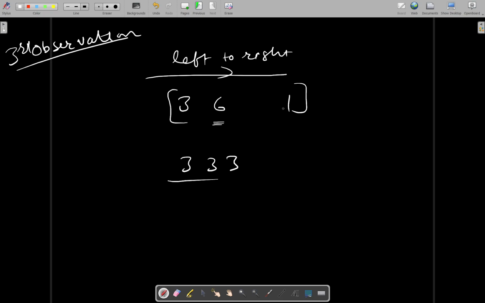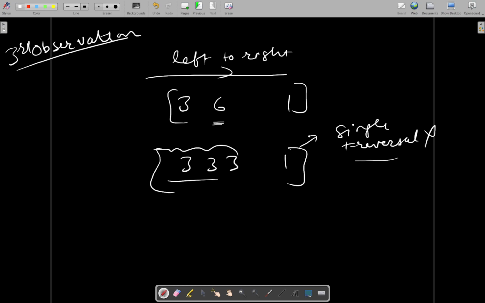Now you will see that this 1 is smaller than the previous numbers, so you will have to change all of them. So you will not be able to do this in a single traversal, and your time complexity will not be linear. So this is the reason we are traversing from right to left.